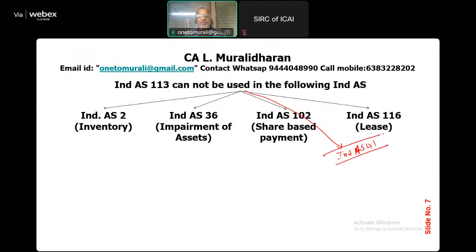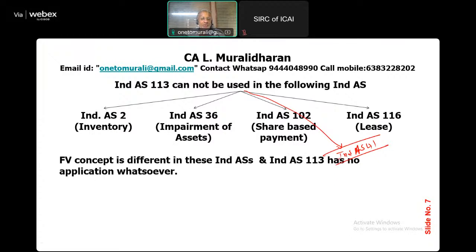Even here, you cannot have this accounting standard coming in to apply. So 116 has got its own measurement scales. So the measurement principles that we have in 113 will not be applicable there. So the fair value concept is different in these accounting standards, and Ind AS 113 has no application whatsoever.